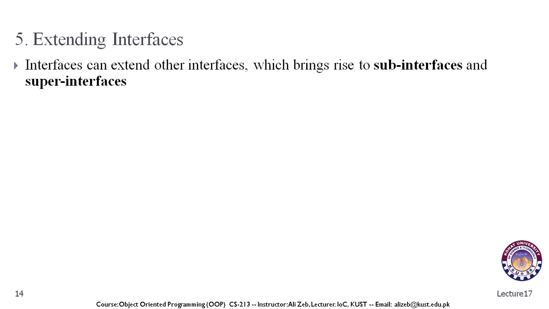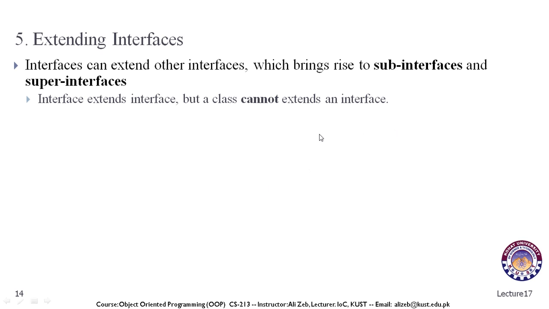Extending interfaces. Interfaces can extend other interfaces, which gives rise to sub-interfaces and super interfaces, same as the subclasses and the superclasses. An interface extends an interface, but a class cannot extend an interface, because classes only implement interfaces.